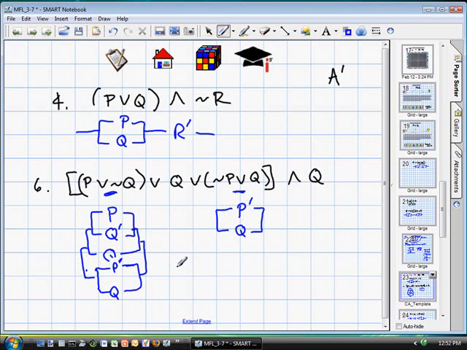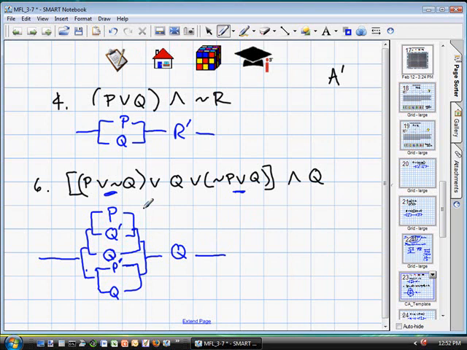Now that whole thing is ANDed with Q. Well, that means it's side by side with Q. So then I'll get rid of this. Then I would just throw on a side by side with Q. Let me get rid of this because I moved it. And I see I erased a little too much. It's supposed to be a Q here. That one's a little bit harder to see.